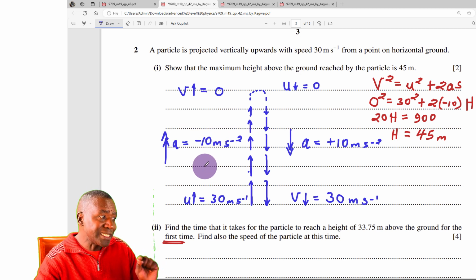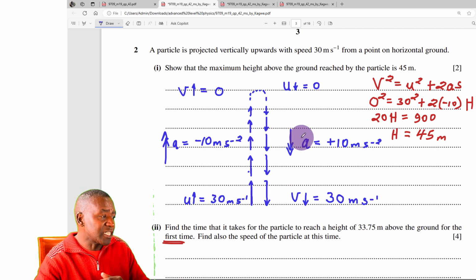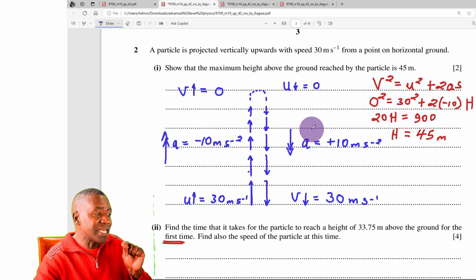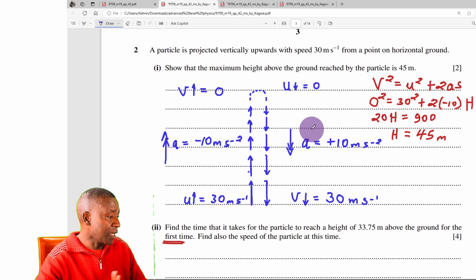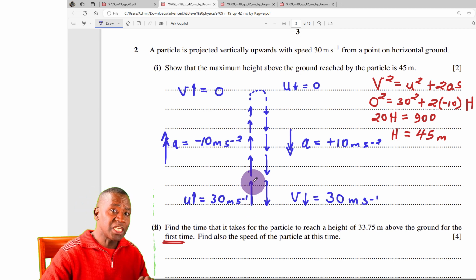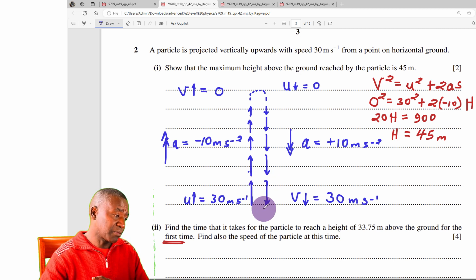So here it was decreasing by 10 meters per second every second, and here it is increasing. On its way downwards, it is increasing by 10 meters per second every second. And of course, I've already pointed out that the velocity with which it is projected vertically upwards has the same magnitude as the velocity when it comes back to the same point of projection.